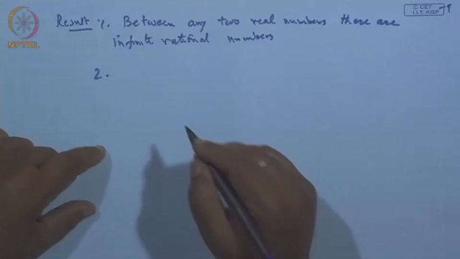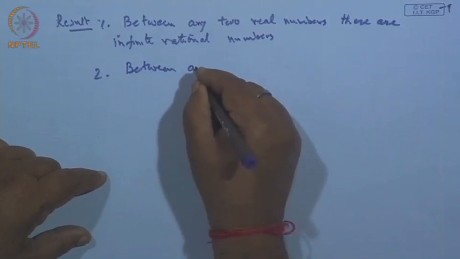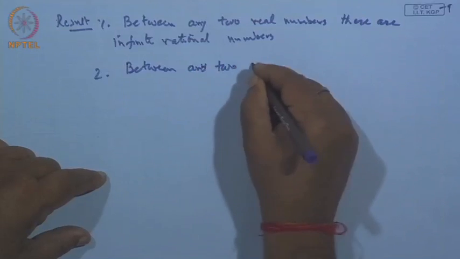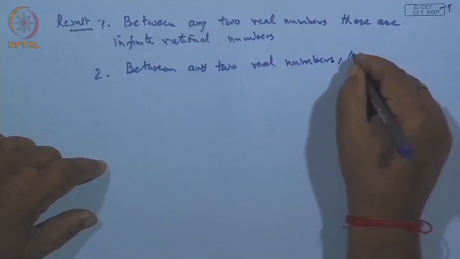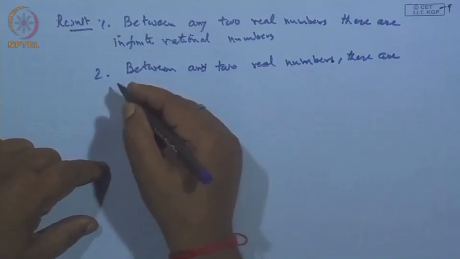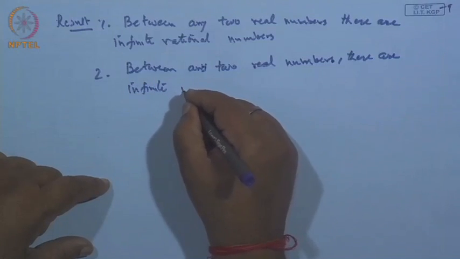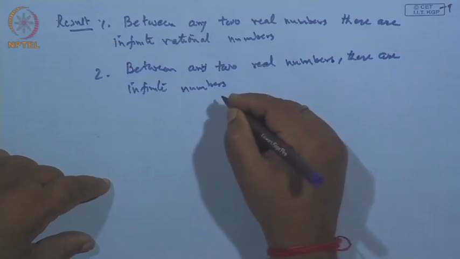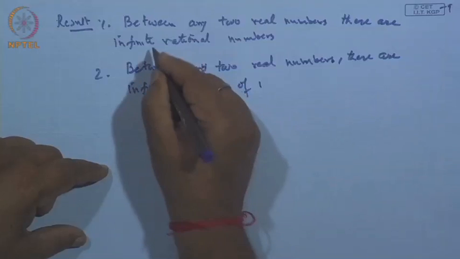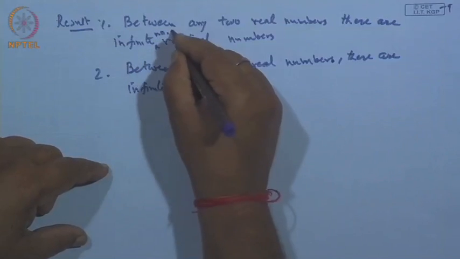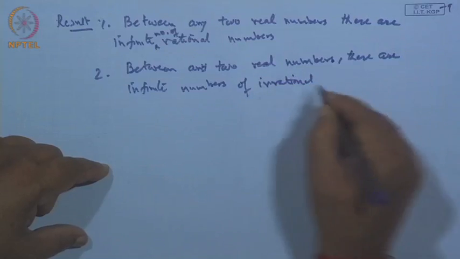The second result is: between any two real numbers, there are infinite irrational numbers. So, infinite rational points and infinite irrational points.